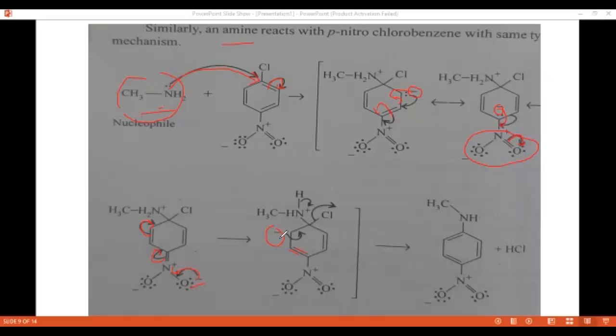In the next step, this negative charge is delocalized and the halogen atom is displaced, forming a double bond again, and CH3NH is attached at the position of the chlorine atom. The first step is a slow step, the second step is a fast step. Okay, now today we stop here. Thank you.